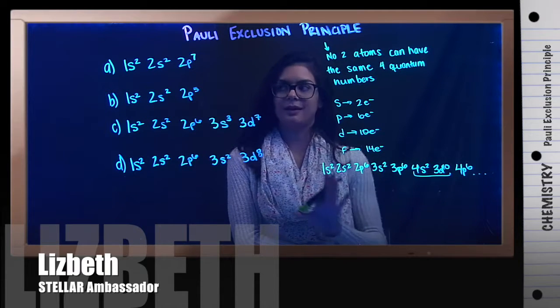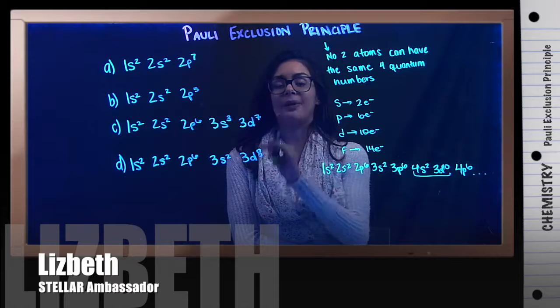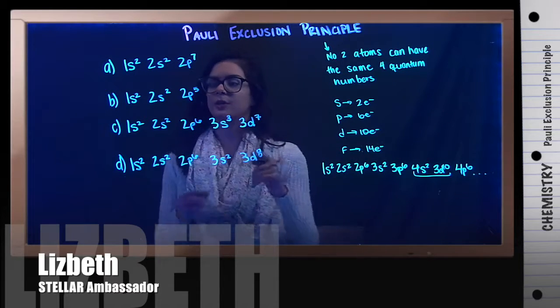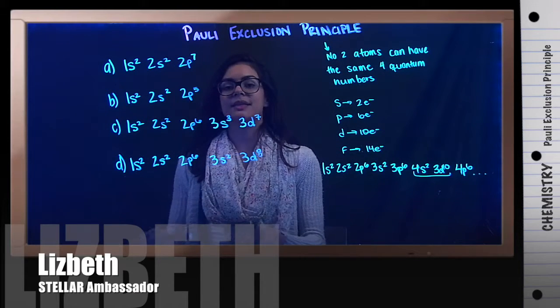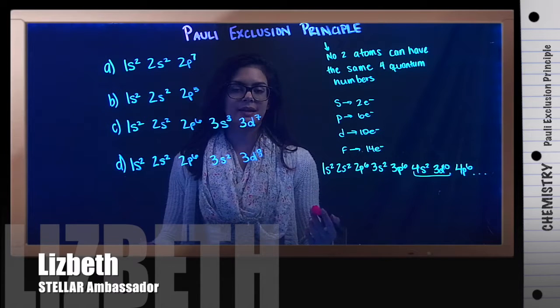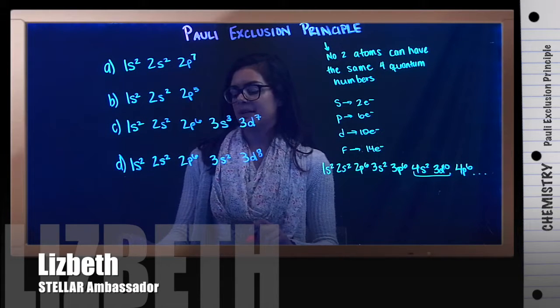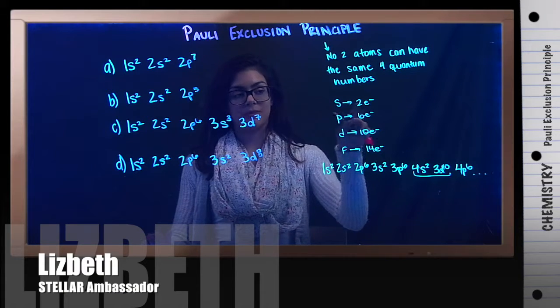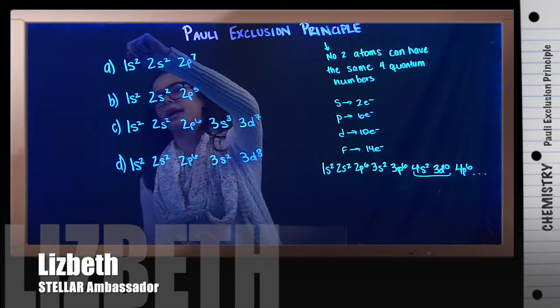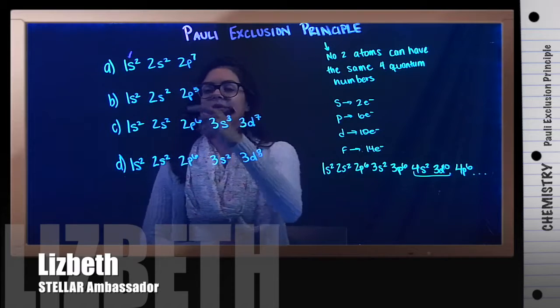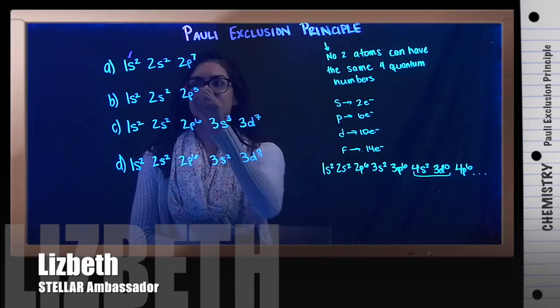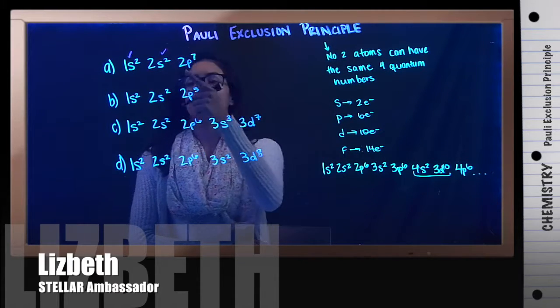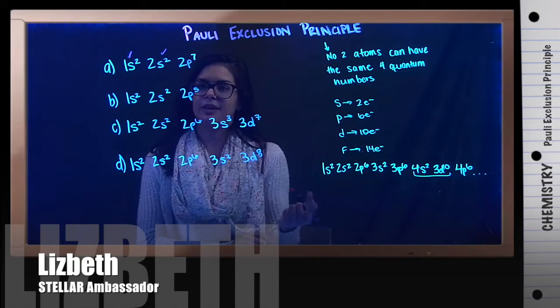And with that, I think we're ready to go on to our practice problems. Let's look at these individually and see what we can find is incorrect in each example. In the first example, I have 1s2. My s orbital can have up to 2 electrons, so that is okay. Then I have 2s2, which is also okay because the s orbital can have up to 2. And then I have 2p7.